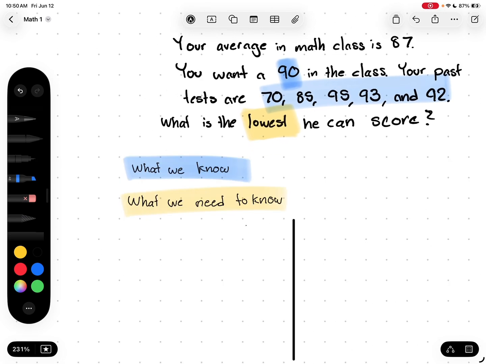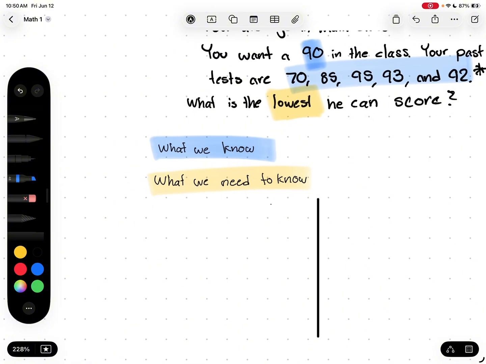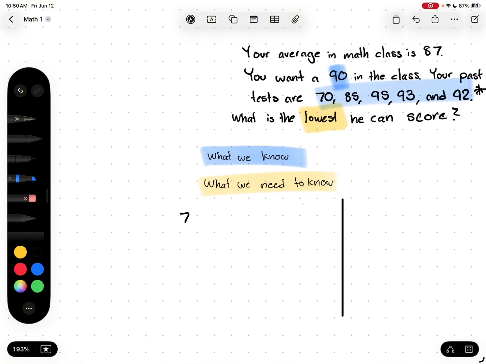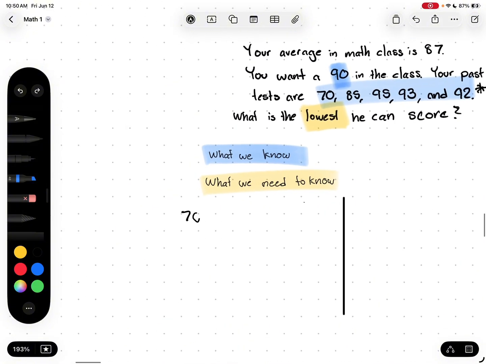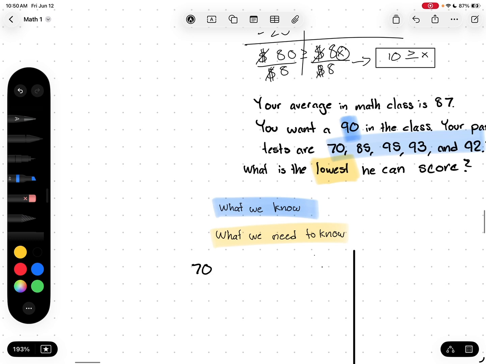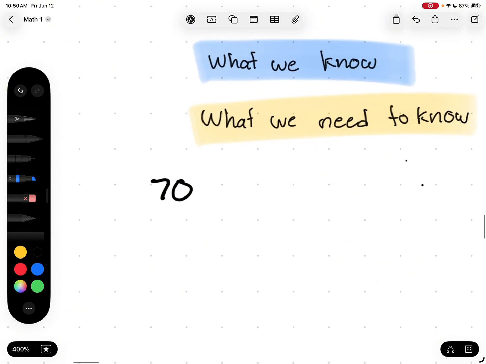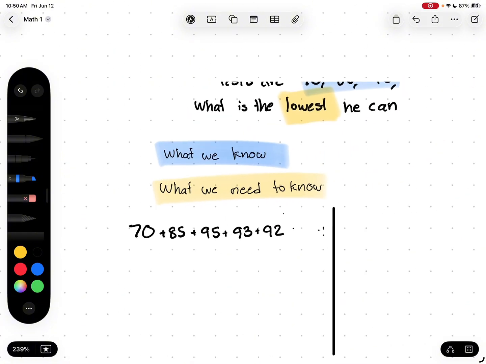So your average in the math class is 87, and then we have test scores. So we can just use our test scores as the first one. So we've got 70, 85, 95, 93, and 92.